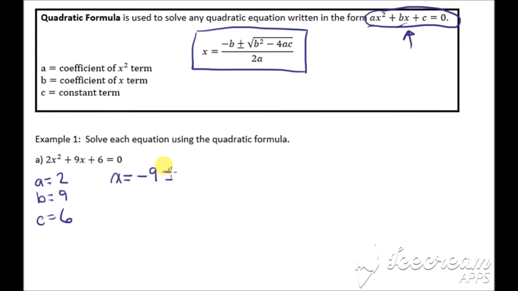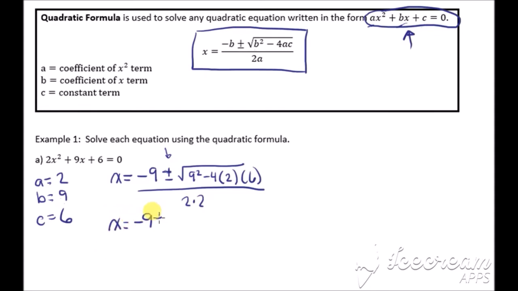This plus minus might be one of the first times that you've seen this formally, but this is not an error. We're going to branch this off afterward. And then a big root sign, b squared, so we have 9 squared, minus 4ac, and then that's all over 2a, so this is 2 times 2. And then now all we do is simplify.